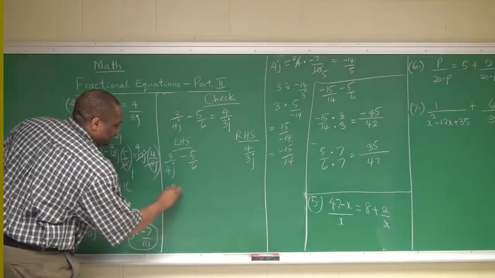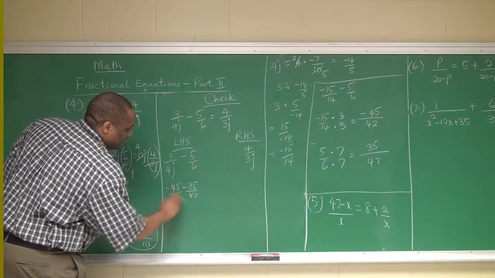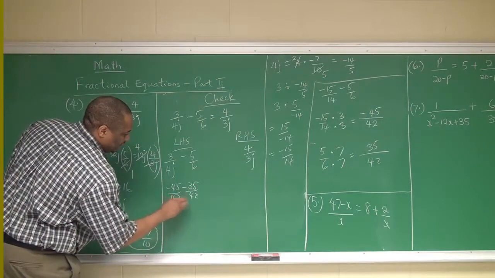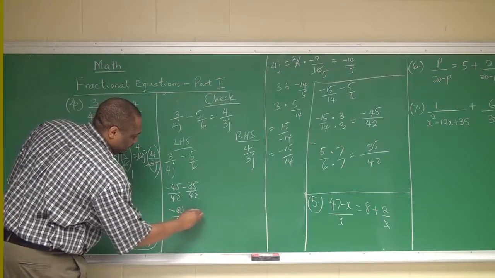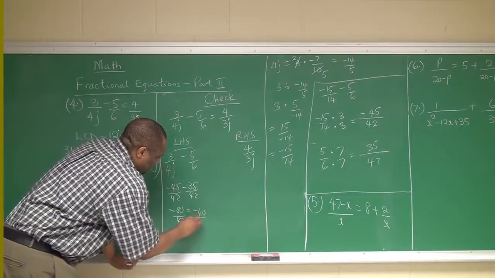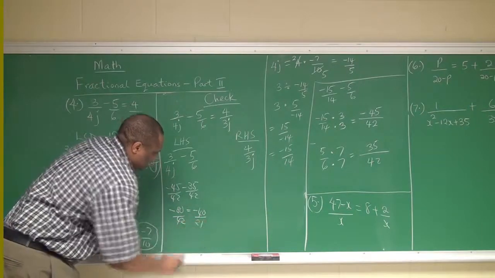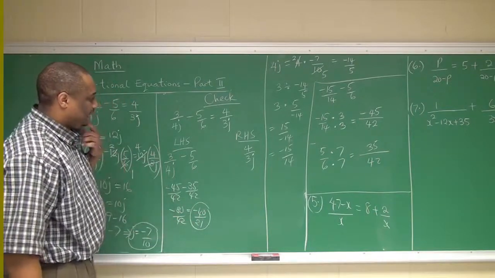And that gives you negative what? 80 over 42. And that gives you what? Negative 40 over 21. Negative 40 over 21 is what we got on the left-hand side.